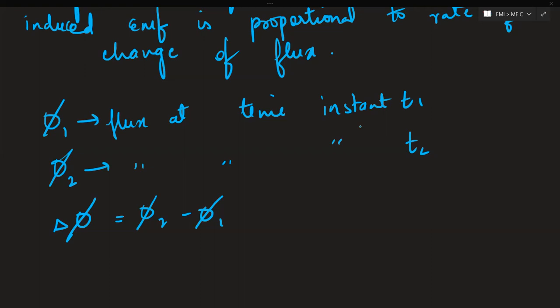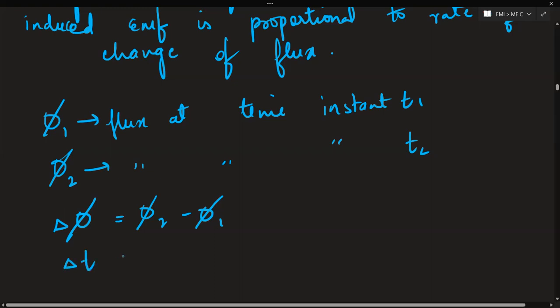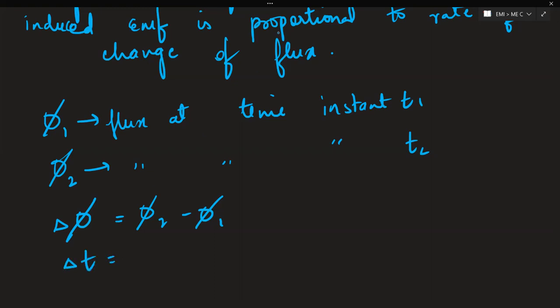Also, can you tell what is the time difference? The time interval. Yes, Kulsum. Time duration, time instant, what should I write? Change in time. Sneha? Time instant is given to you.